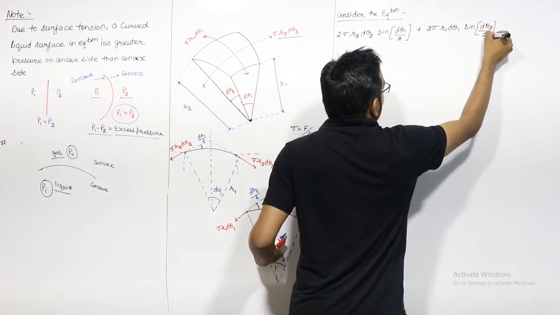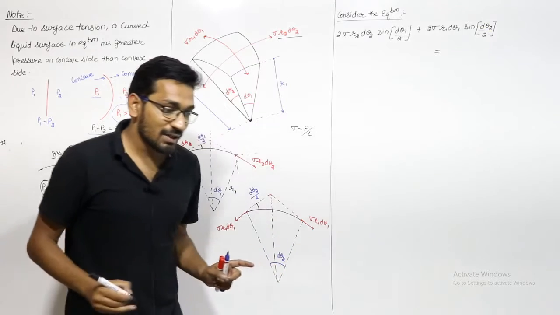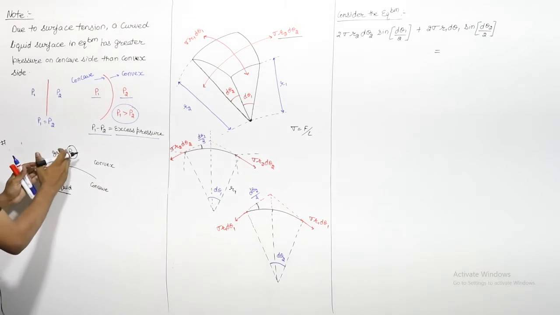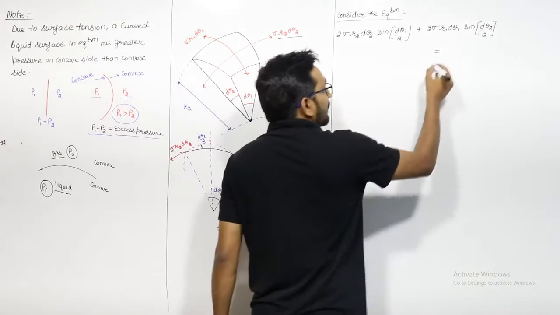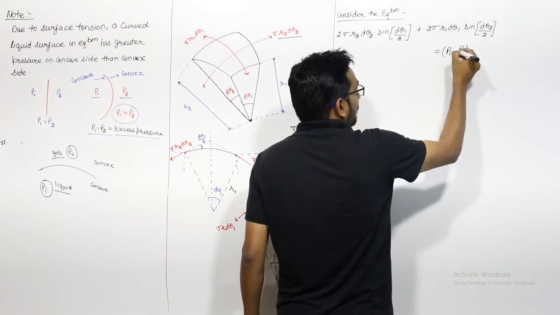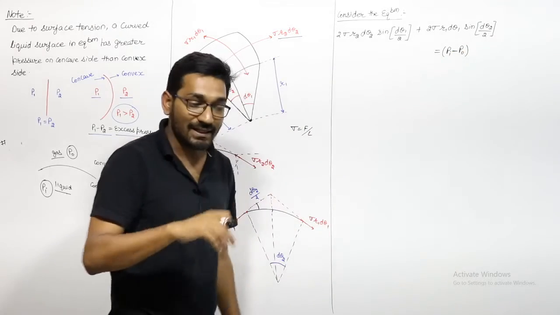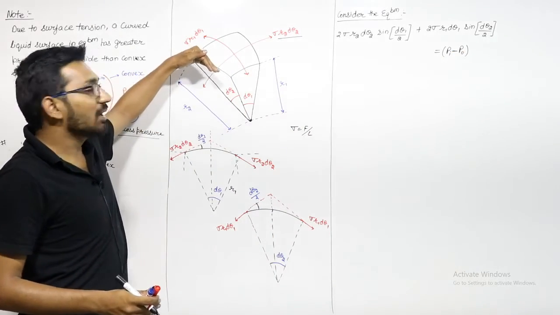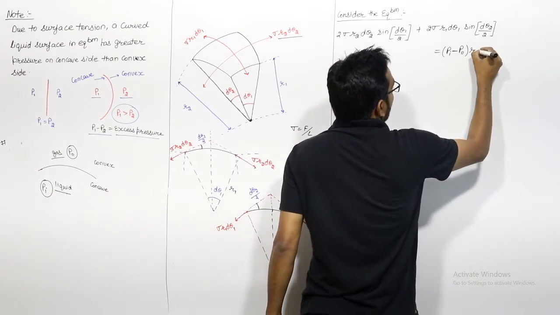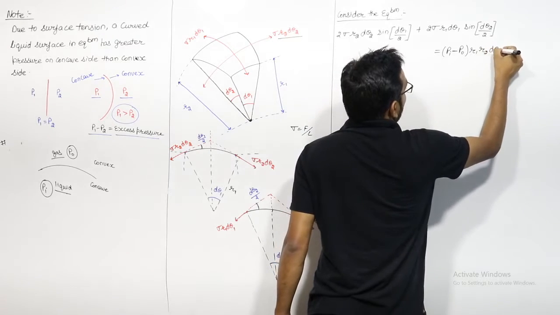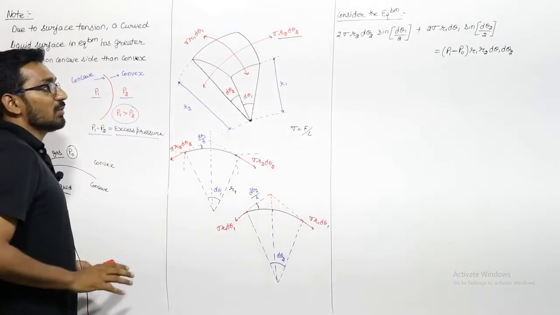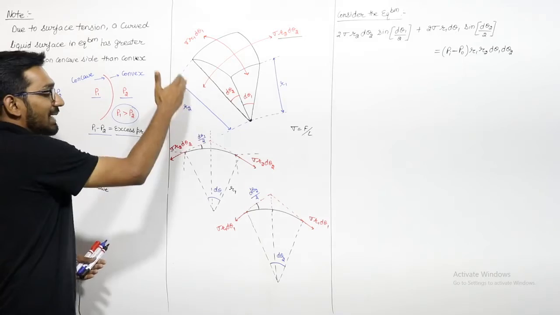These will be equal to the pressure force. Here the pressure is Pi, here the pressure is P0, so I can write Pi minus P0. Force is pressure into area. The area is r2 d theta 2 times r1 d theta 1, so the area will be r1 r2 d theta 1 d theta 2. So this is the free body diagram, and this is the generalized equation along the direction perpendicular to the surface.